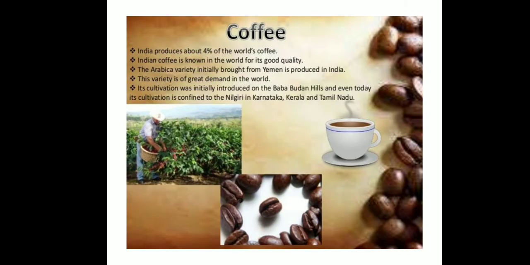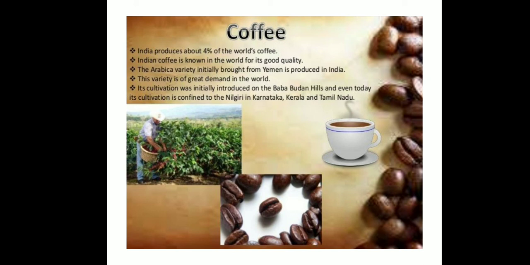After that, we have coffee. India produces about 4% of the world's coffee. Indian coffee is known in the world for its good quality. The Arabica variety, initially brought from Yemen, is produced in India. This variety is in great demand in the world.